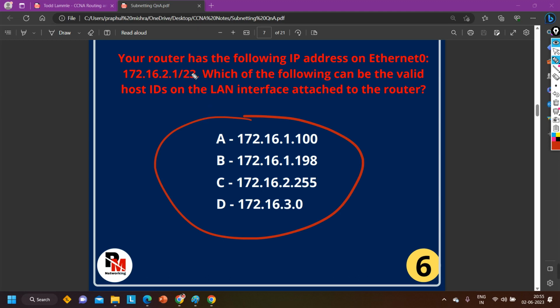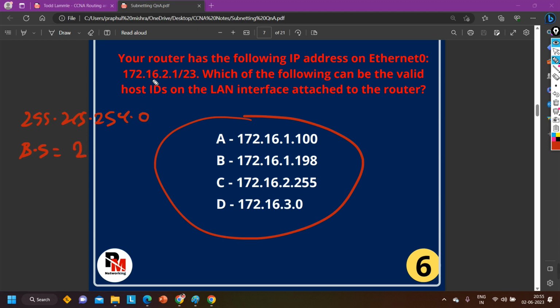Okay, /23 means the subnet mask will be what? Tell me the subnet mask for /23. 255.255.254.0. Very good. Now the block size will be what? 256 minus 254, which is 2.